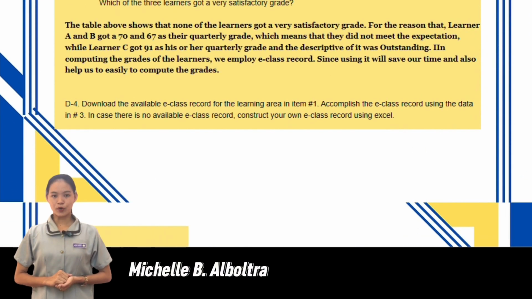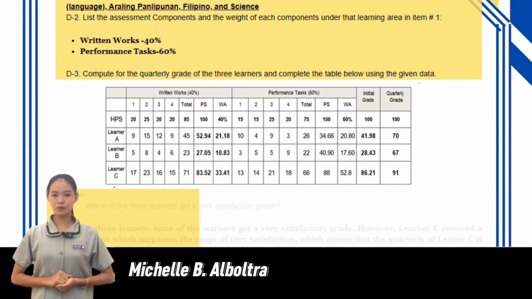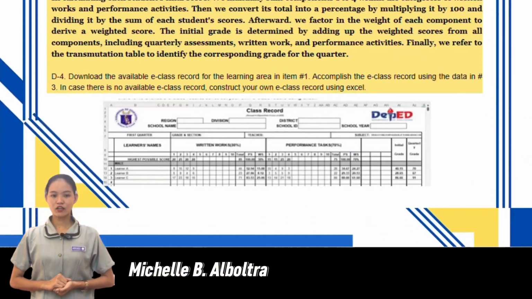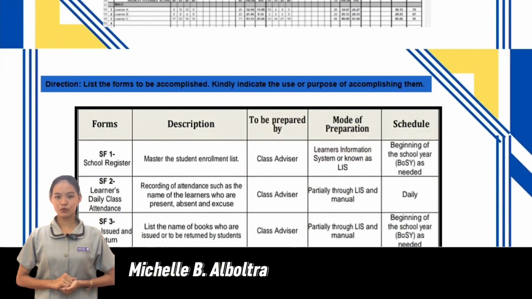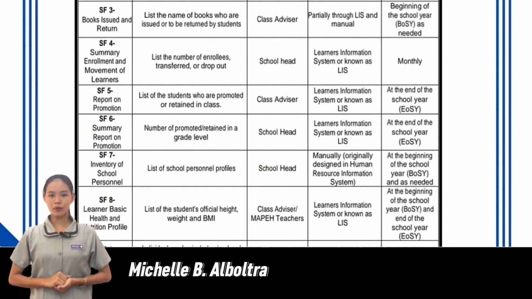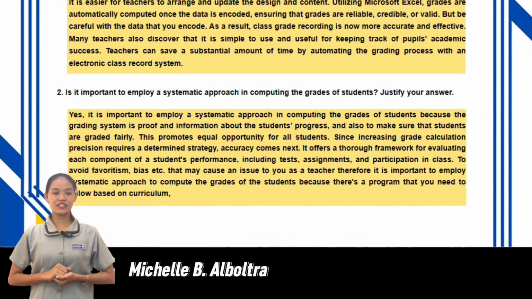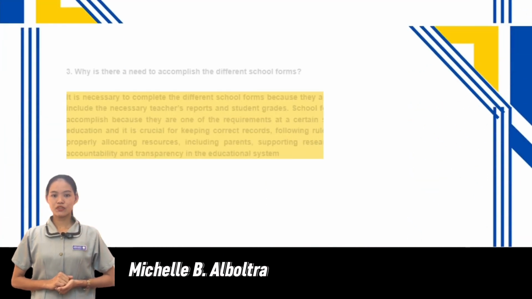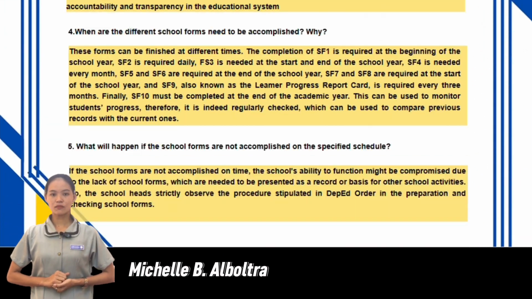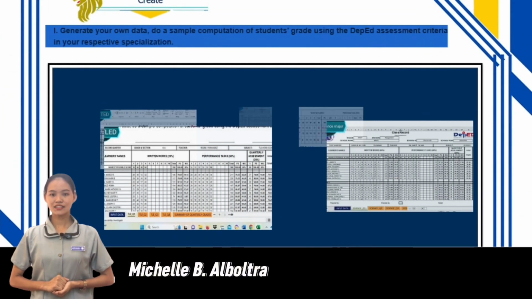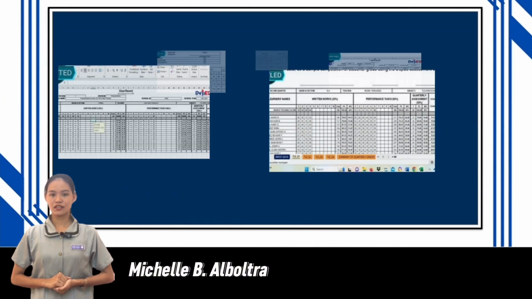The DepEd seventh form is the inventory of school personnel. It is the record of personnel's profile and their official duty. The following form contains the learner's basic health and nutrition profile. In this area, the teachers compute the BMI, or body mass index, of the students. Next is the learner's progress report card.